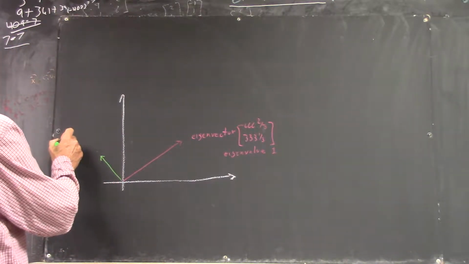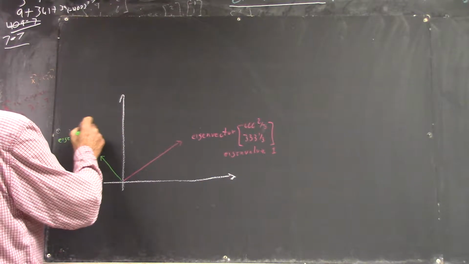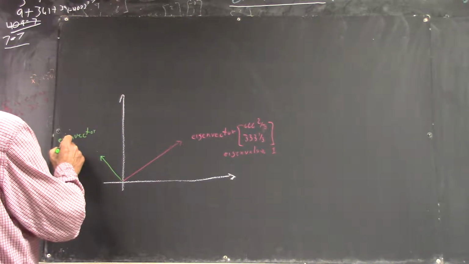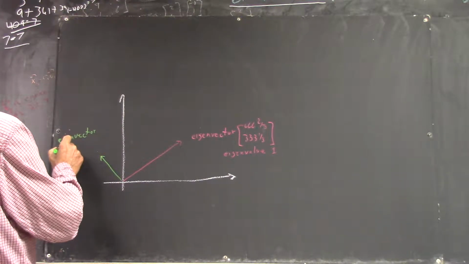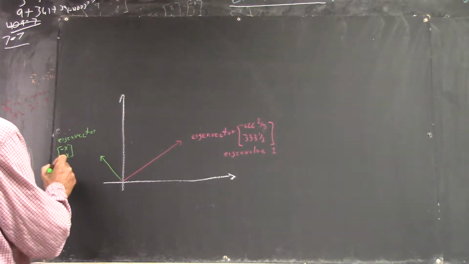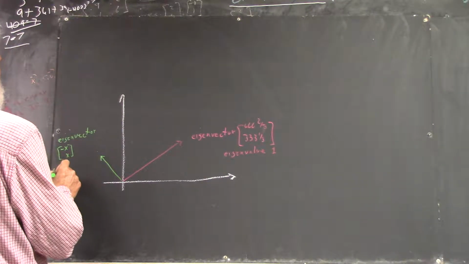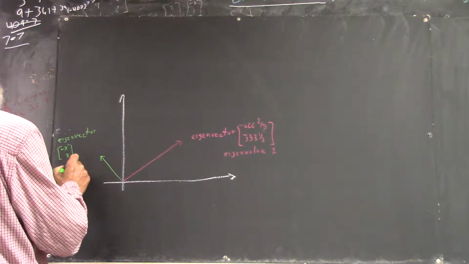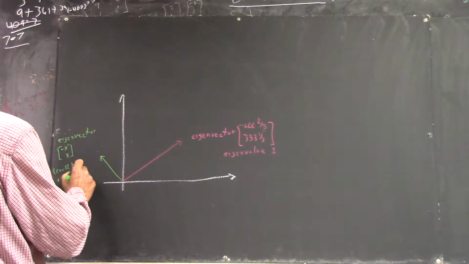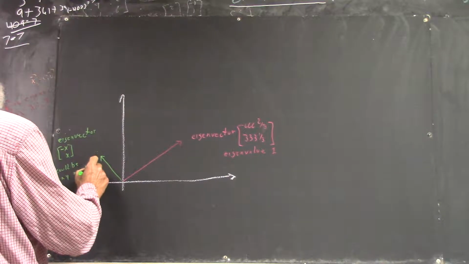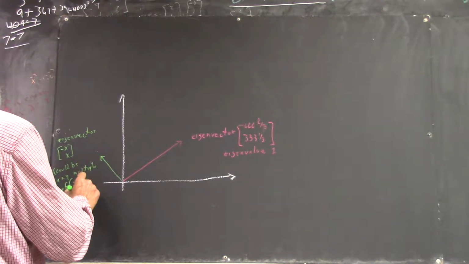Now, this is your eigenvector. Negative x, x. It could be any multiple of negative 1, 1.